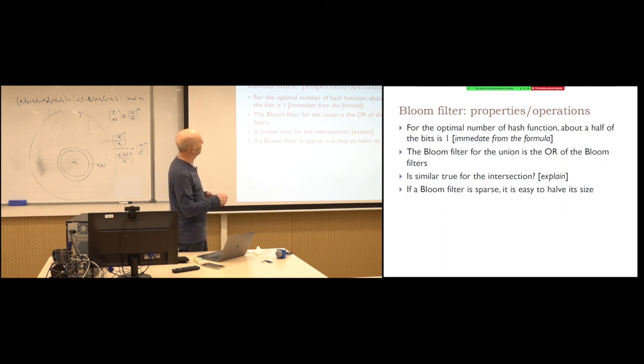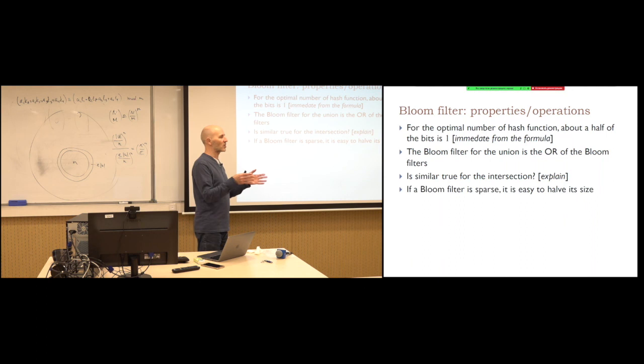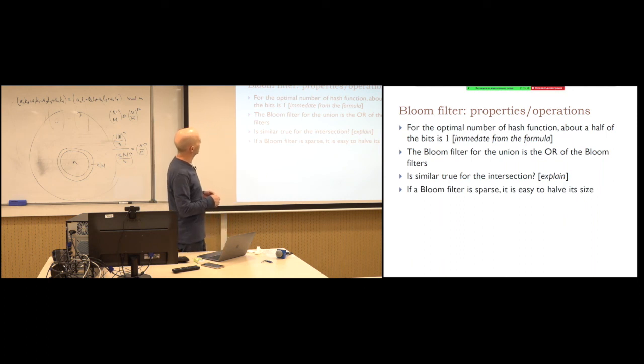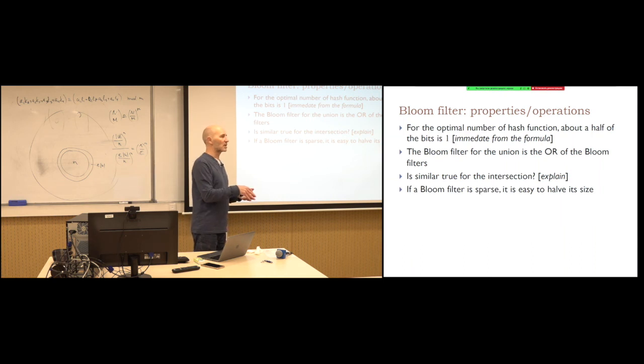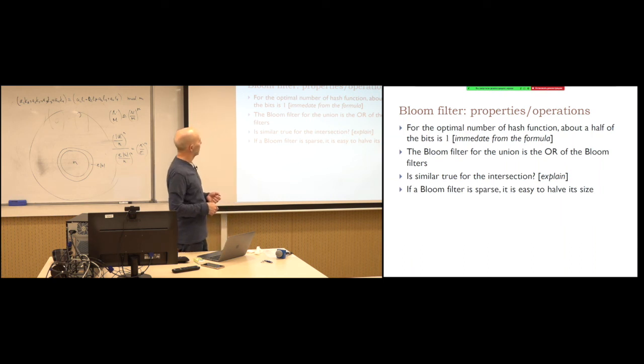Another nice application is that if we have two Bloom filters for two sets of the same size and with the same hash functions, then we can obtain a Bloom filter of the union by ORing these two Bloom filters. For intersection, unfortunately, it doesn't work so well.